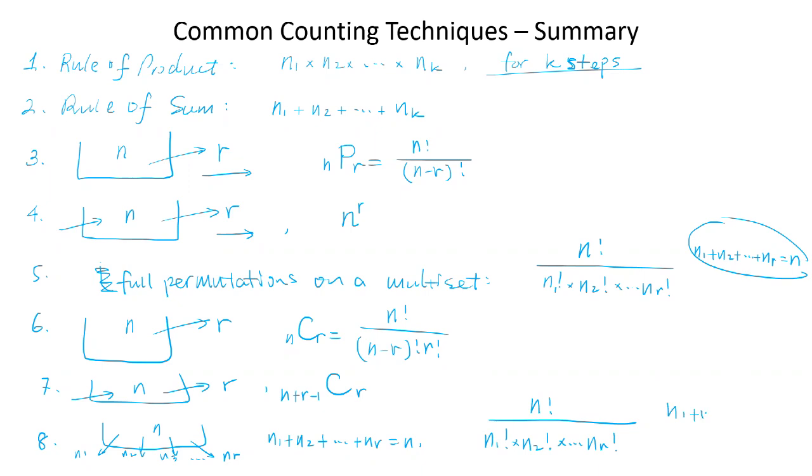And also n1 plus n2 plus up to nr is n, and r is greater than or equal to 1 and less than or equal to n. Okay, so these are the common counting techniques we have learned so far in this chapter.